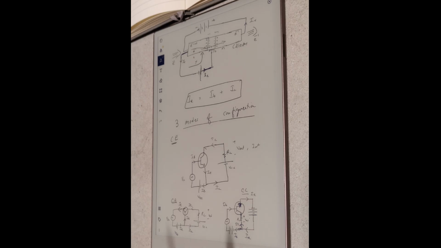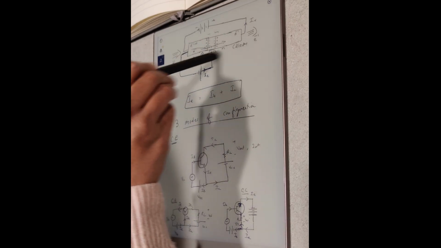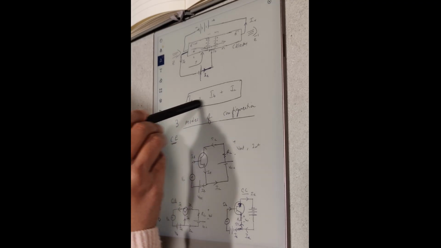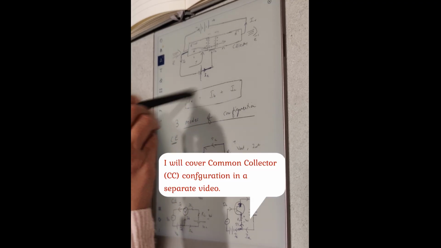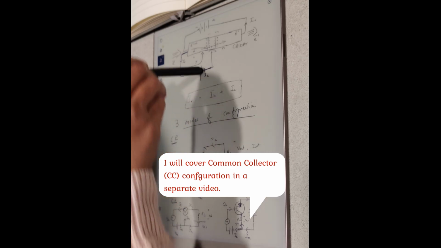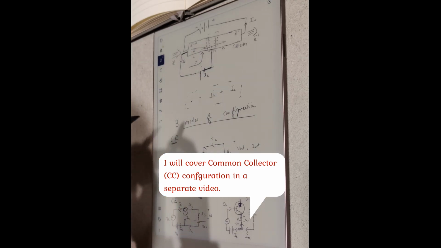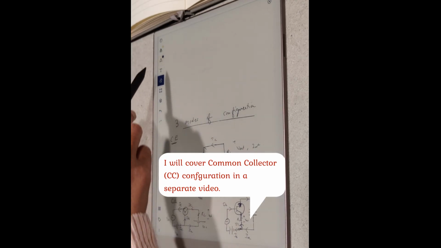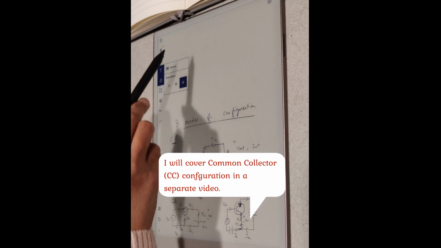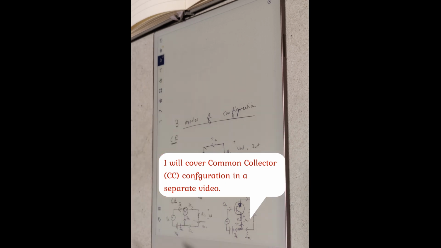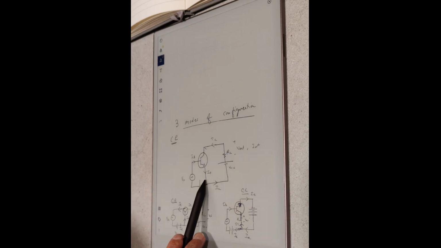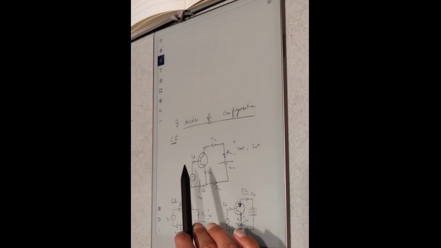Let me erase this so that I can use the same page and analyze what we are getting out of these circuits. All right, now let's analyze the common emitter. This is my common emitter circuit, but let's measure the current.